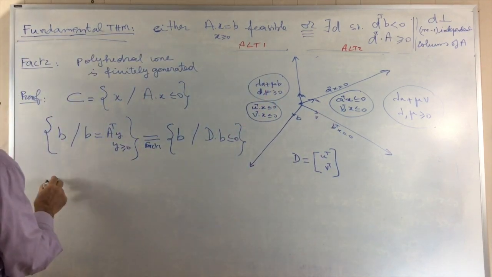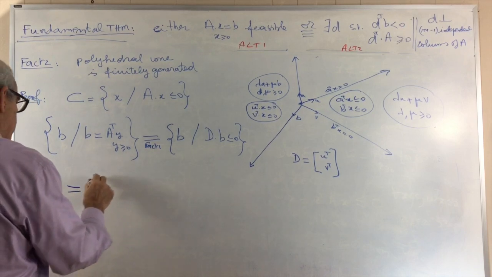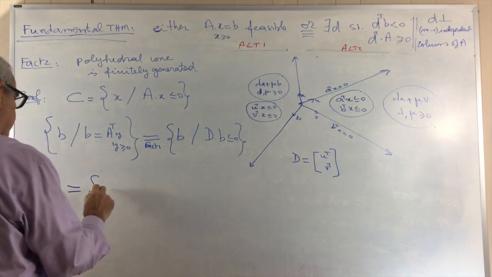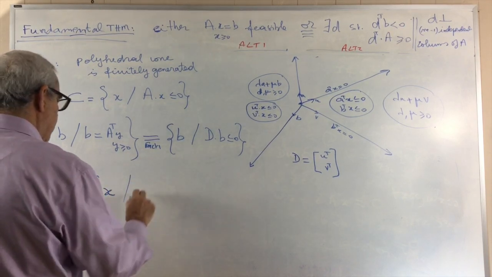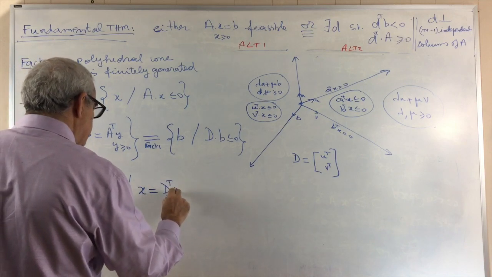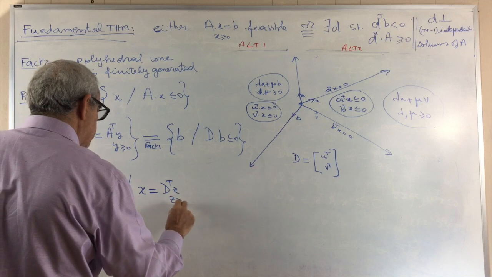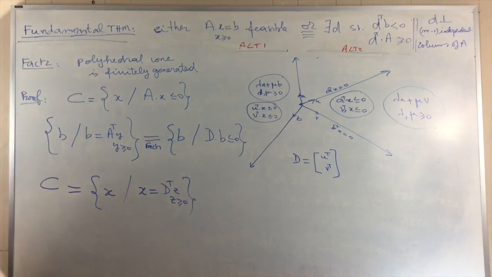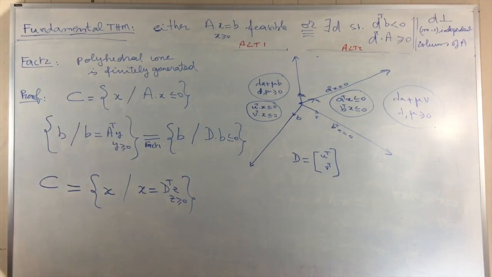Here I'm going to show that C is equal to the set of all X such that X is equal to D transpose Z, Z greater or equal to 0. That's what I'm going to show, just like in that picture there.